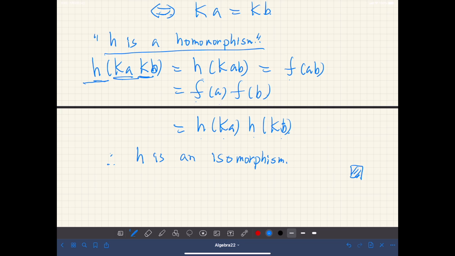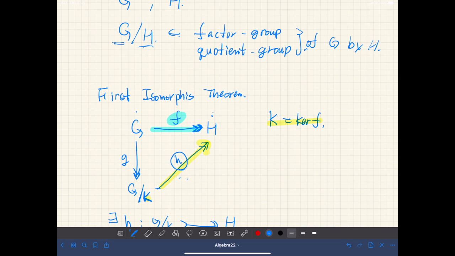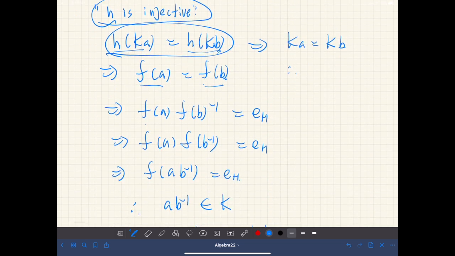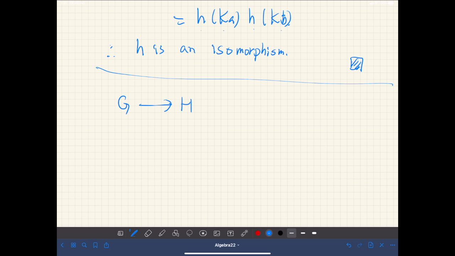In the first isomorphism theorem, we have assumed that the homomorphism between G and H, this f, is an epimorphism. But what if it is not an epimorphism? So suppose we have two groups, G and H, and a homomorphism which may not be an epimorphism.